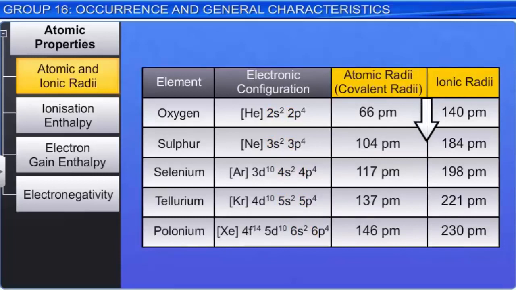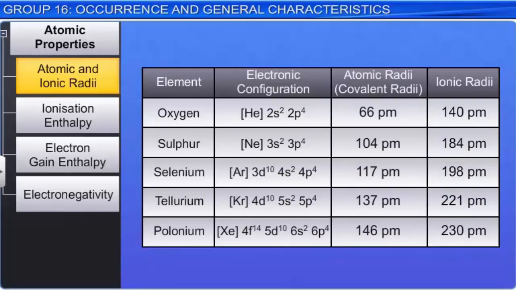As you can see from the table, oxygen has an exceptionally small size. This is due to the higher effective nuclear charge of the oxygen atom.